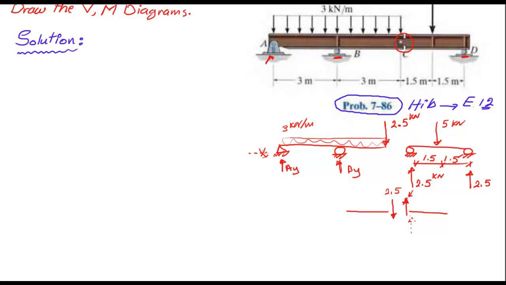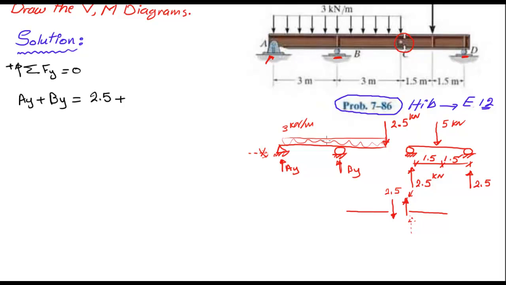Let's try to do this very quickly. The summation of the forces in the y direction is equal to 0, assuming upward forces are positive. So AY plus BY, these are the forces from the bottom, should equal the forces from the top. What do I have from the top? I have the 2.5 I introduced, plus the concentration of the distributed load, which is equal to the magnitude 3 multiplied by the whole length of the distribution, which is 6 meters.